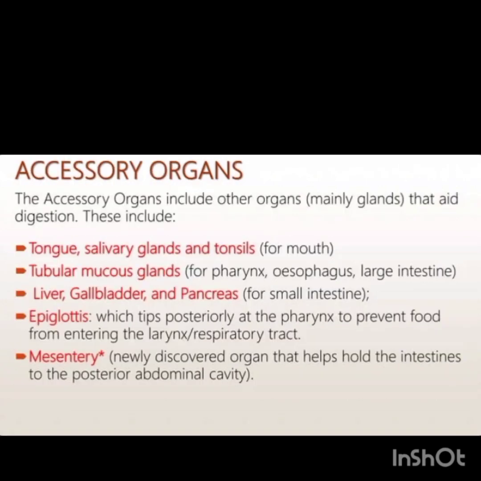Now let us see the accessory organs which are helpful in the digestive process. They are the tongue, salivary glands and tonsils in the mouth.